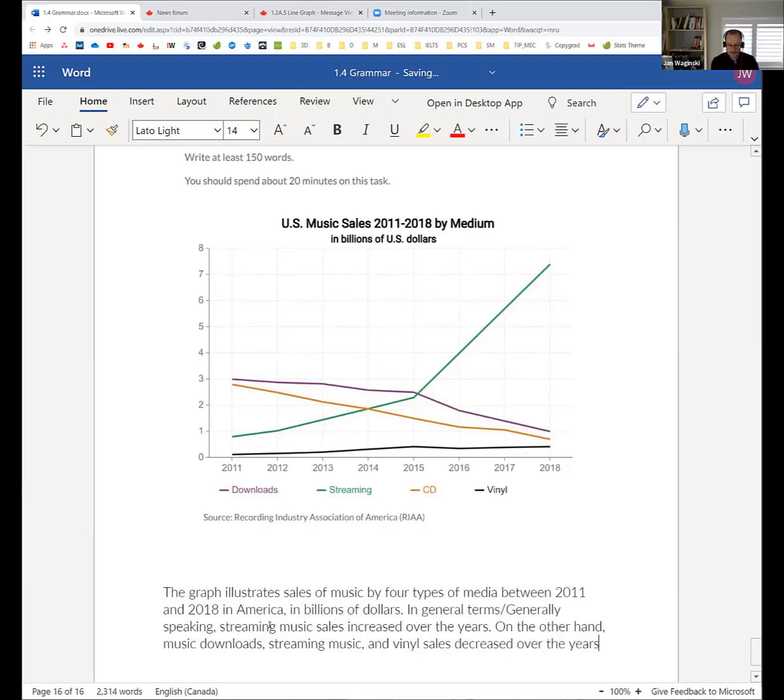Okay, now you're in big trouble. Actually, vinyl, it's not increasing or decreasing. It stays the same. It is increasing, just not much.